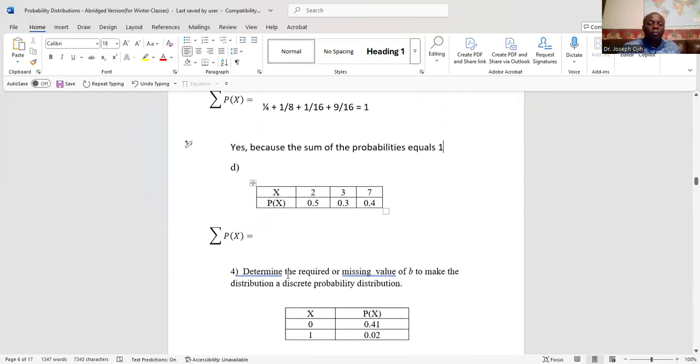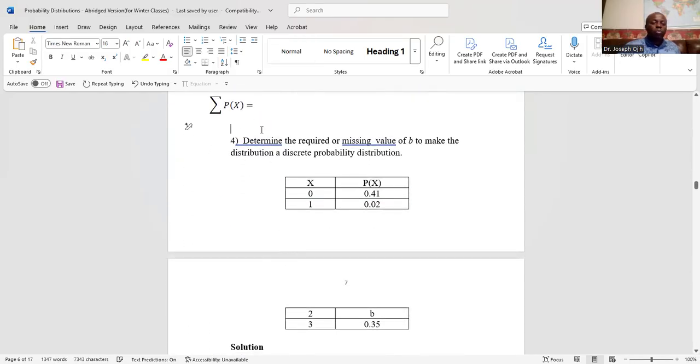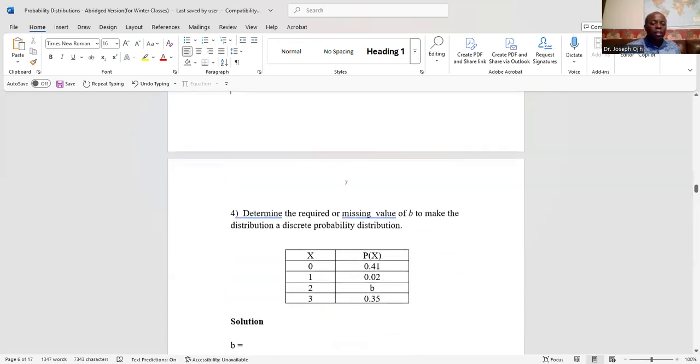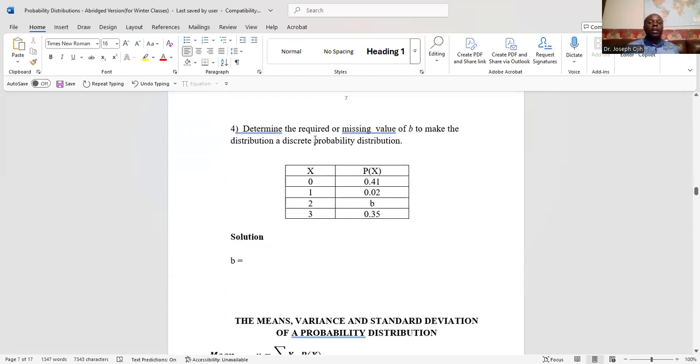Now, I might ask you a question that is similar to this one. Like this, it says, determine the missing value of B to make the distribution a discrete probability distribution. So you can see they give you the outcome and the corresponding probabilities, but this probability is missing here. Based on the fact that the sum should be 1, all you have to do is subtract all these numbers from 1.